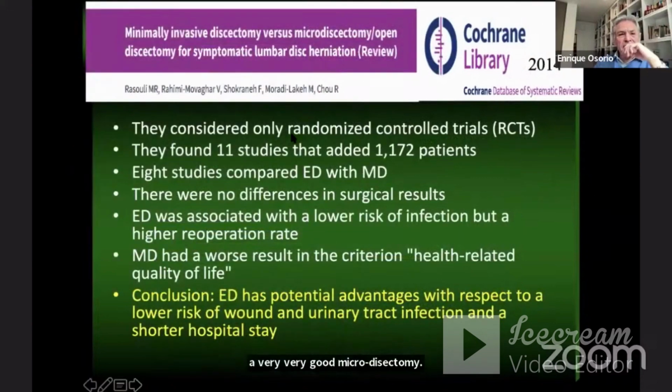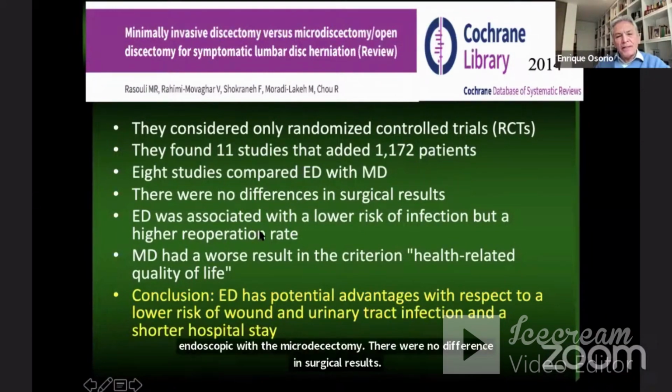And you see the comparative studies between microdiscectomy and endoscopic surgery. Here in 2014, this study, 8 studies compared endoscopic with microdiscectomy. There was no difference in surgical results.